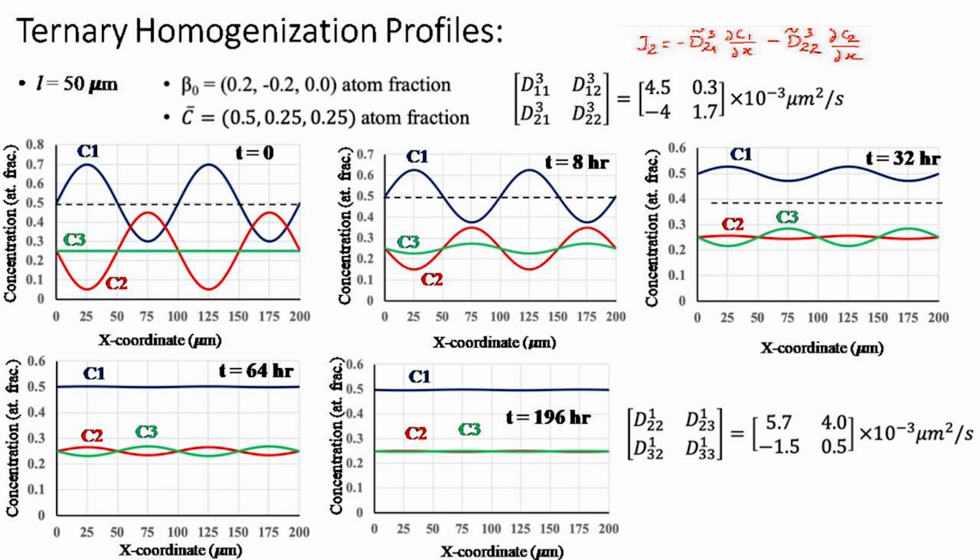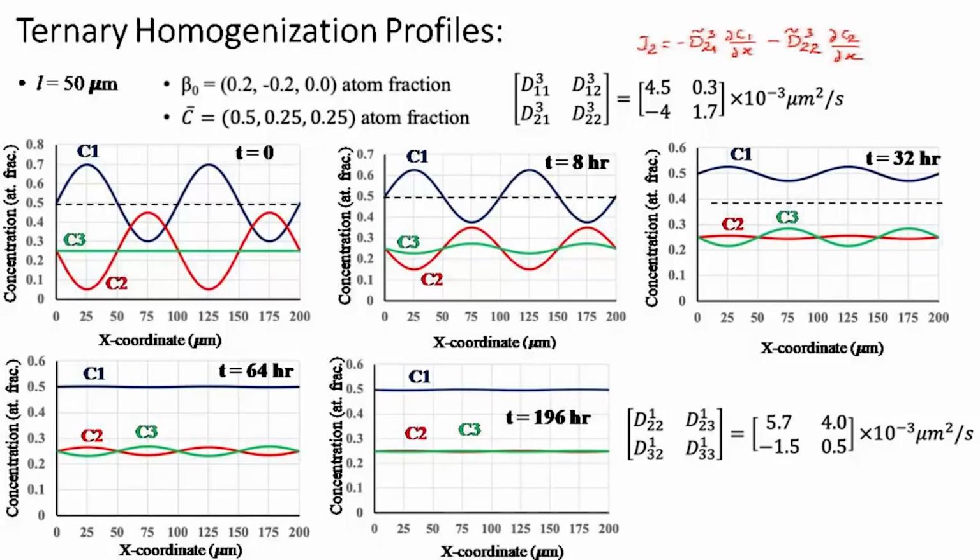So, this is very important in ternary and higher order systems. These cross terms play an important part. If we do not consider these cross terms, we would have missed this effect, the undulations that developed in C3. Where would this be very important?